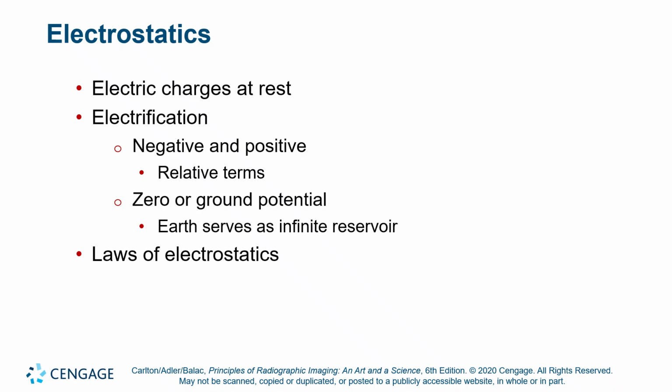And Ben Franklin actually, I think he was the one that kind of made that up. He said that negative was an absence of this electrical fluid, and positive was an abundance of electrical fluid, and a lot of early experimenters with electricity liked that description, and so we're stuck with negative and positive.